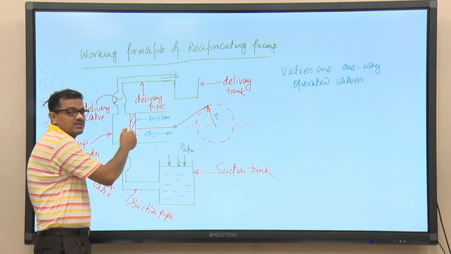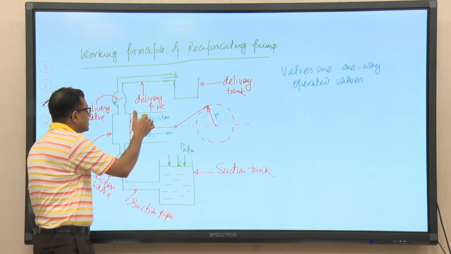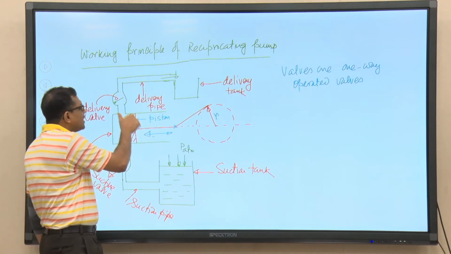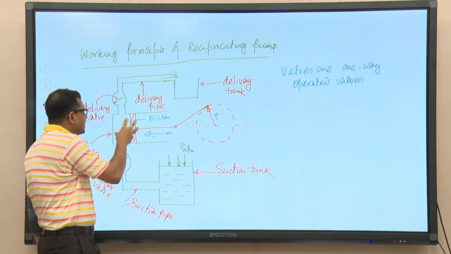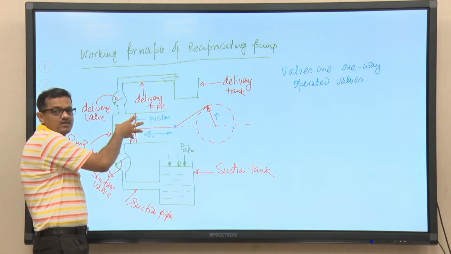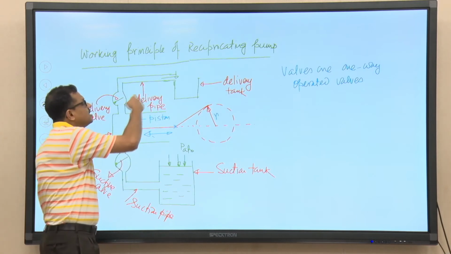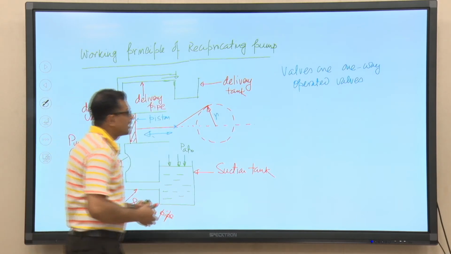And again we will see that by changing the pressure difference, we will be able to have complete displacement: the volume that is drawn into the cylinder during the suction stroke will be discharged to the delivery tank.